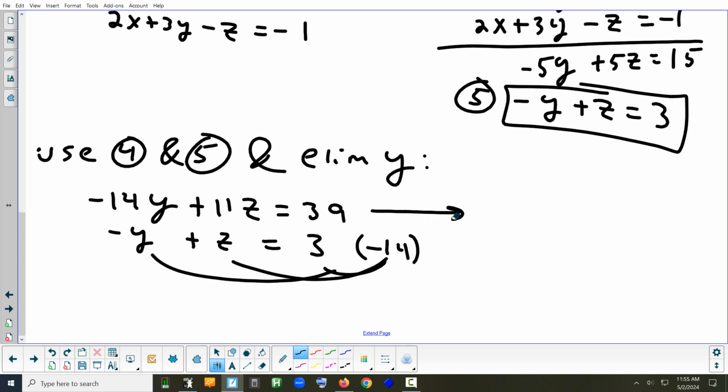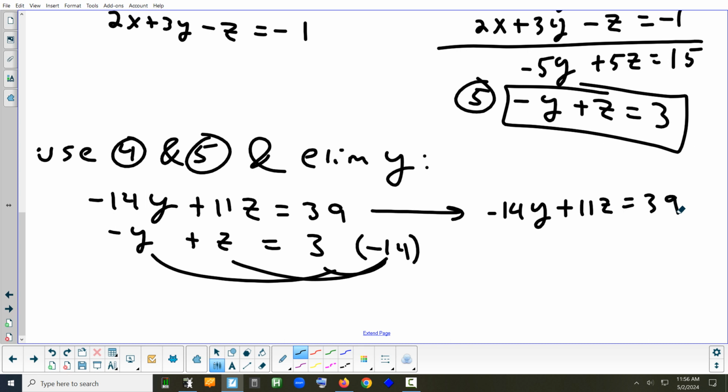Max, what's going to happen to what's in the top? It's going to stay the same. Yeah, one of them always stays the same with these usually. They can both change, but I usually make it so one of them can stay the same. All right, in the bottom, what's the bottom equation going to turn into?